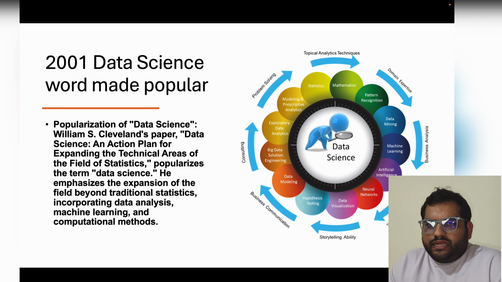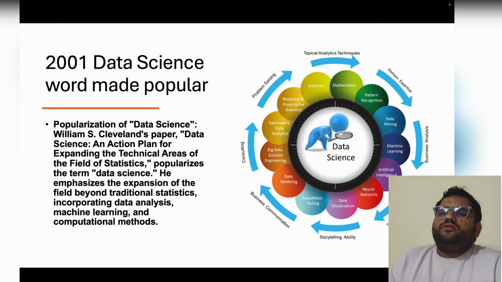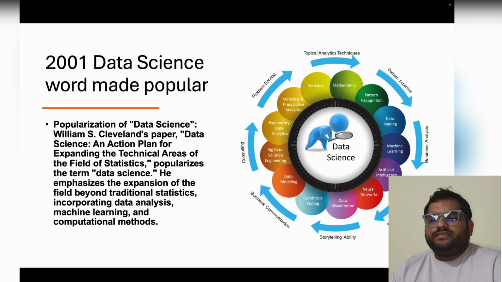He emphasized the expansion of the field beyond traditional statistics, incorporating data analysis, machine learning, and computational methods. Before this, most of the work which we call data science right now was part of statistics, and that was how things were done.